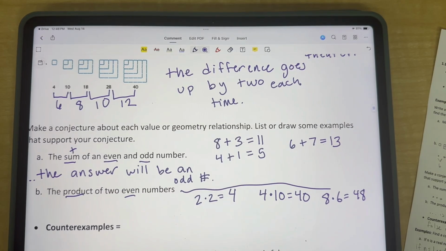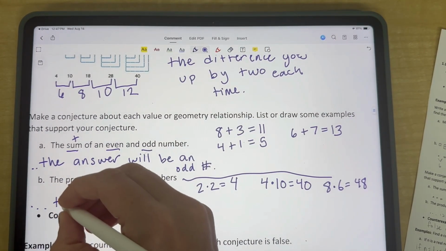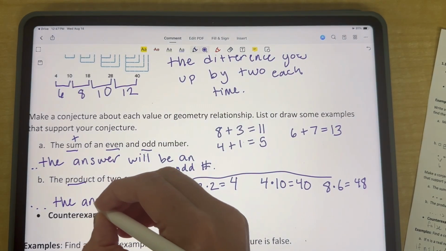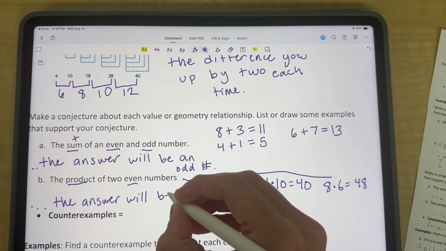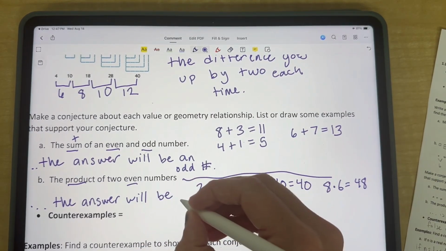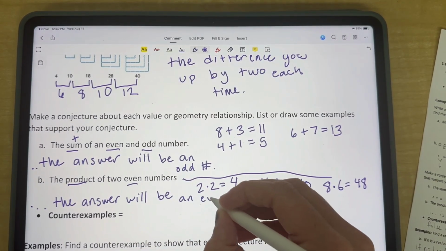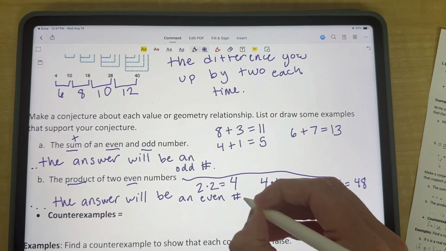So what is a conjecture that you get when you find the product of 2 even numbers? When you find the product of 2 even numbers, the answer will be an even number.